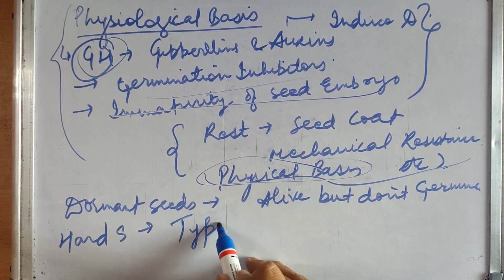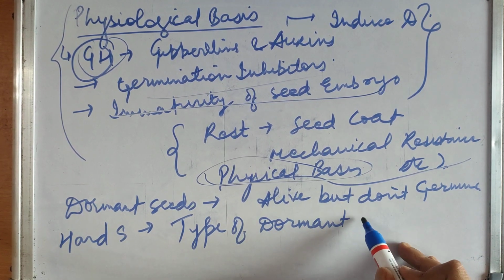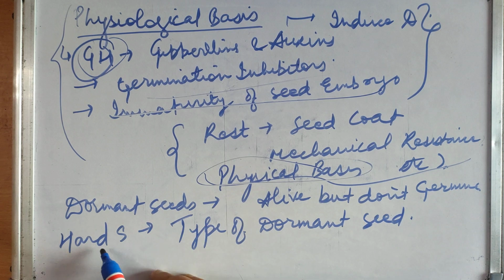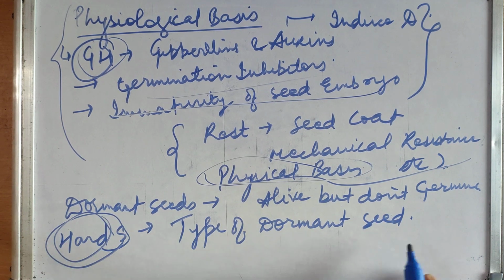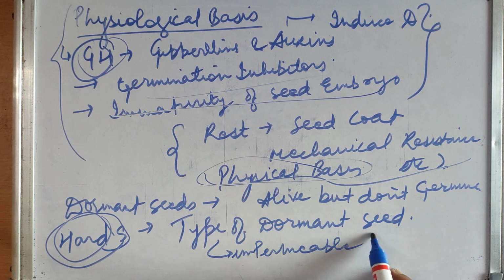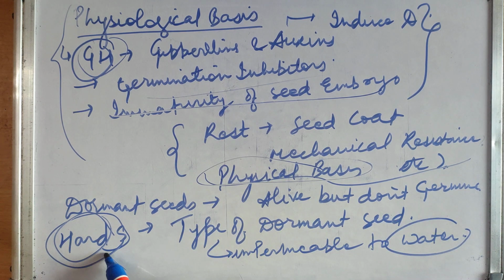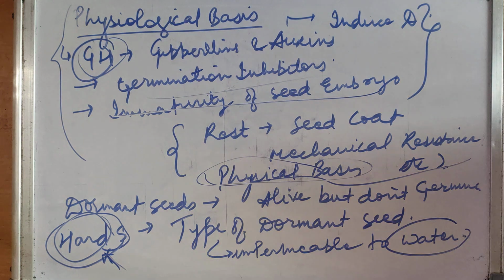Here the main reason for dormancy is this hard seed coat. It is impermeable to water, or you can say water and oxygen. So water is not able to go into the hard seed coat, and therefore the seed becomes dormant. So this was seed dormancy.